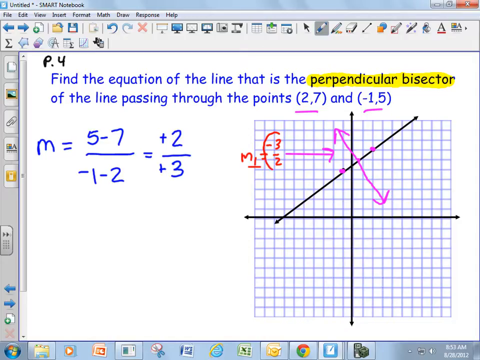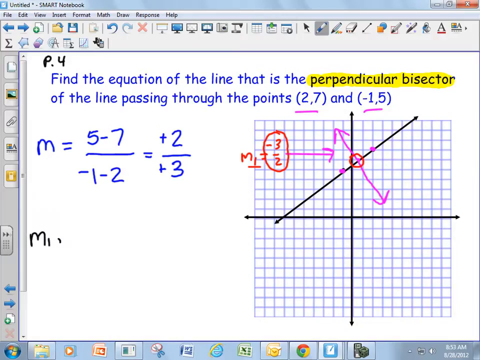So that's crucial information number one: we need the slope of our line. In order to write an equation for our line, we need to know a point that is on our line. That point, folks, is that middle point between the two endpoints you are given. In other words, you need to use your midpoint formula.